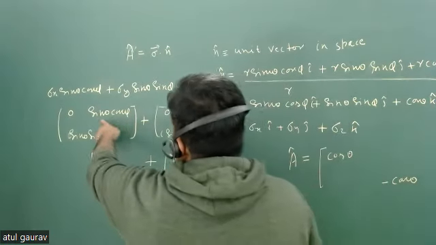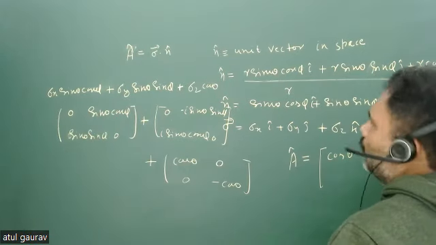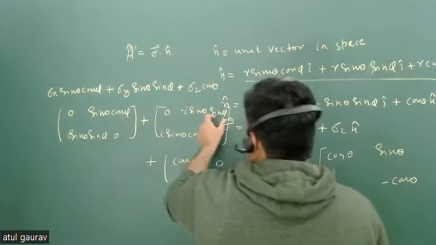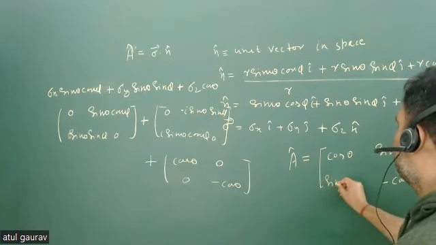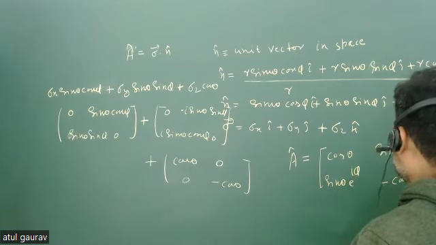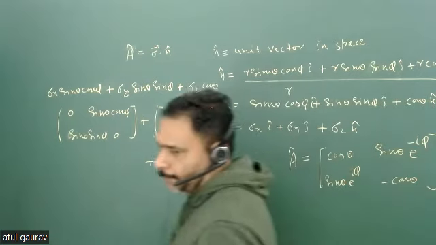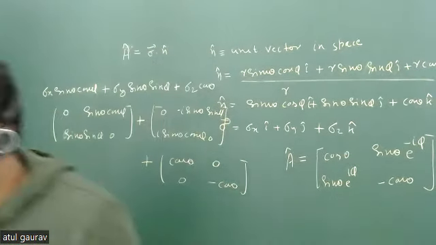You can take sine theta as common. So here is sine theta, and you have cos phi minus i sine phi, so e to the power minus i phi, and here is sine theta e to the power i phi. So this is our matrix. A wonderful matrix you have.